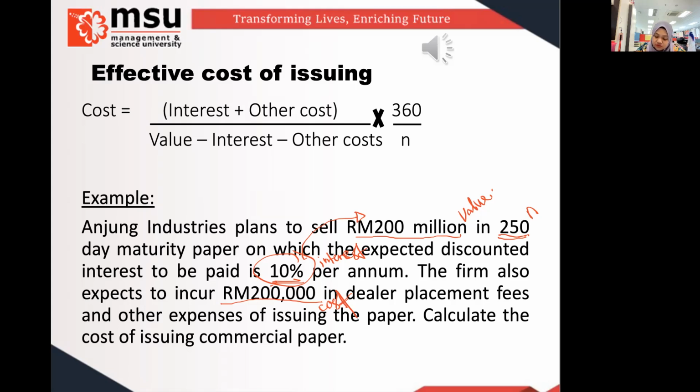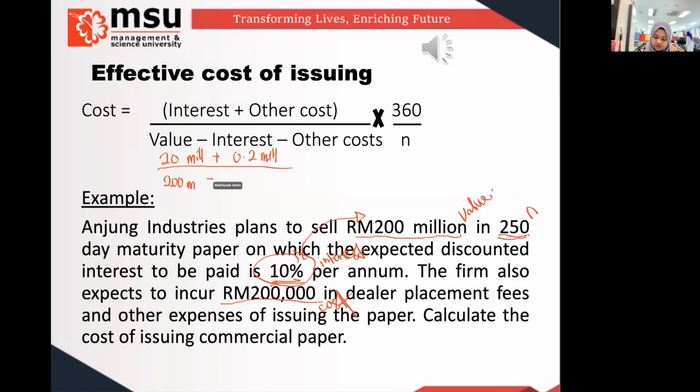So interest is 20 million. Plus other cost is 200,000. Convert 200,000 into million, it is equal to 0.2 million. Divide by 200 million minus the interest and other costs.